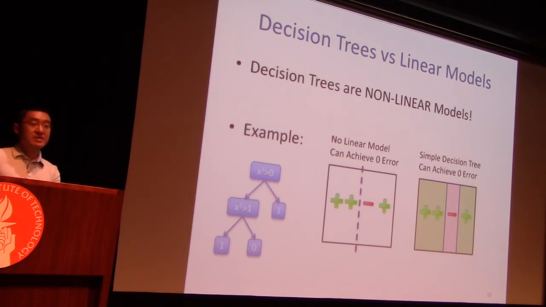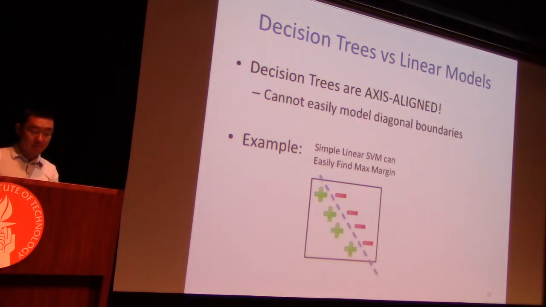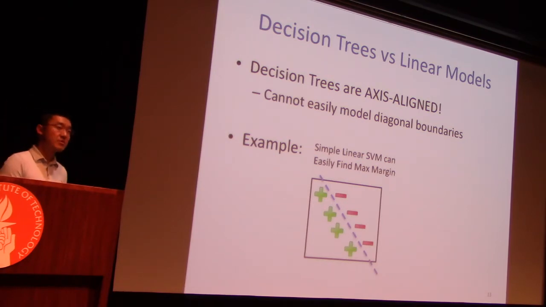Just because decision trees are a very powerful function class, and can model things that a linear model cannot, doesn't mean they're always more convenient to use. The class of decision trees we are going to focus on right now is axis aligned, which means even though they have the ability to model things like diagonals, it is hard for them to do so.